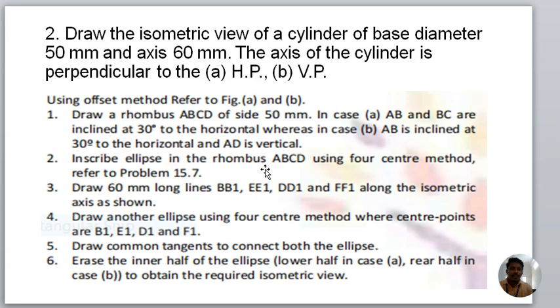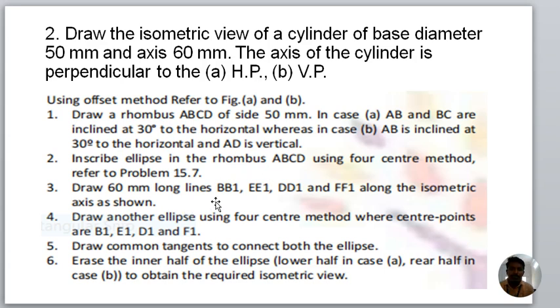Inscribe an ellipse in the rhombus ABCD using the 4-center method. The 4-center method is used to draw the ellipse inside the rhombus ABCD.